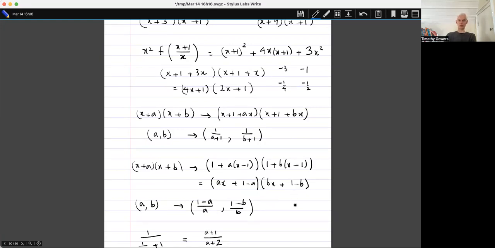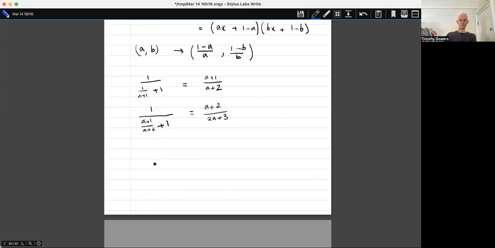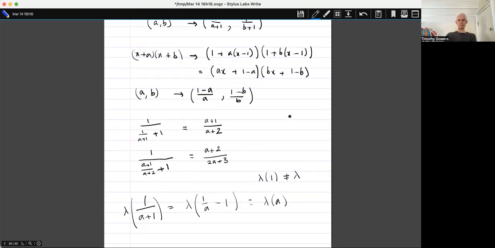So, some function of a, say lambda, such that lambda of 1 over a plus 1 equals lambda of 1 over a minus 1 equals lambda of a, and also that lambda of 3 does not equal lambda of 9.